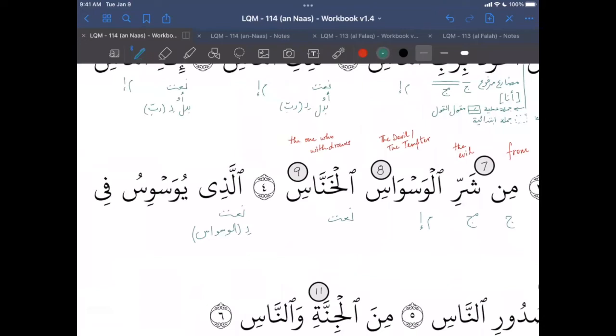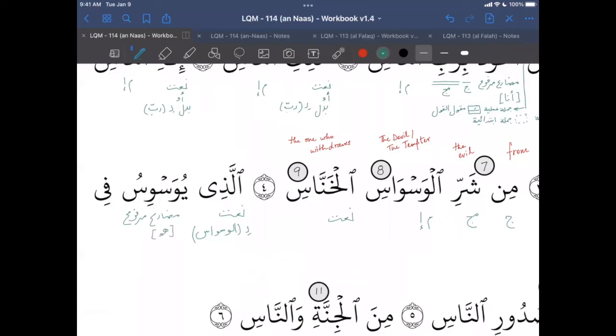We know that Allazi is an ismul mausul, but in this case it is coming as a naat. And yuwaswisu is fi'al mudare, marfu, fa'il mustatir, taqdiruhu huwa.